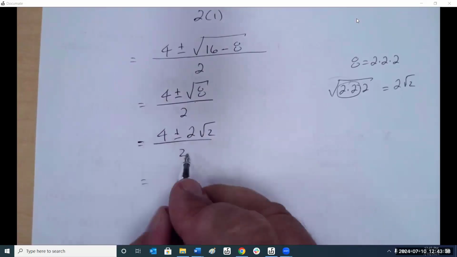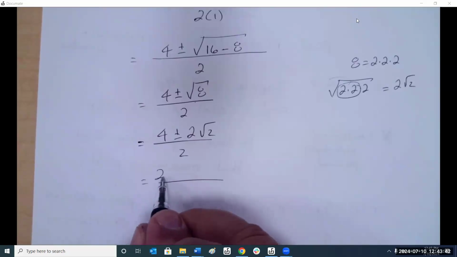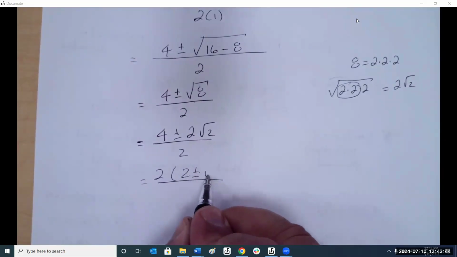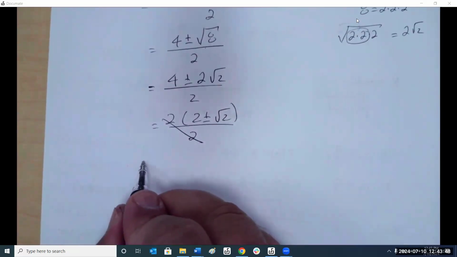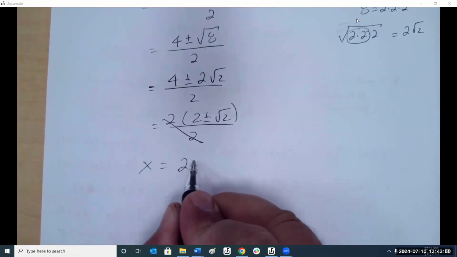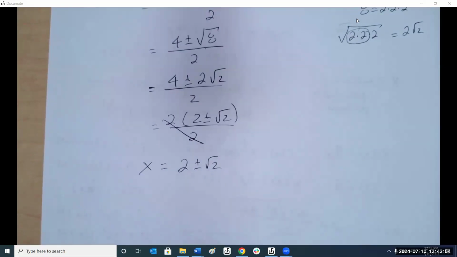Well, yeah, and I divide each, since they're coefficients, I could factor it out. I factored out a 2 out of the top. And that cancels. So our x values are 2 plus or minus square root of 2. And since we're looking to maximize the profit, plug them both in there.